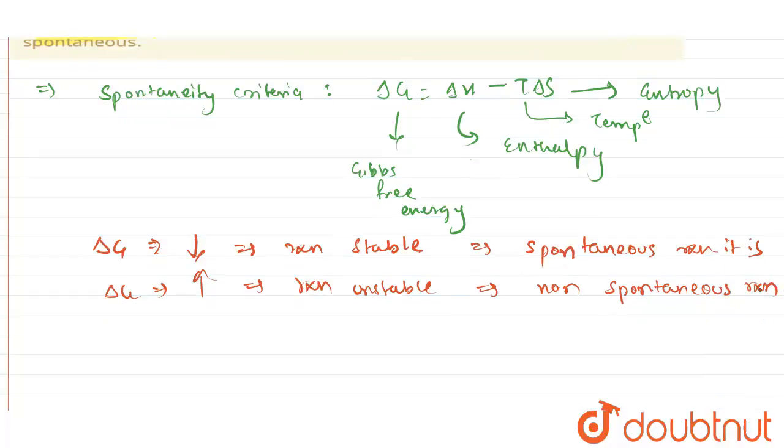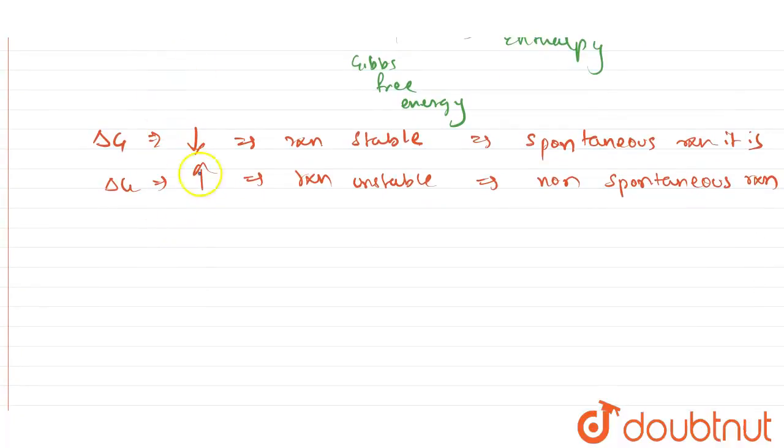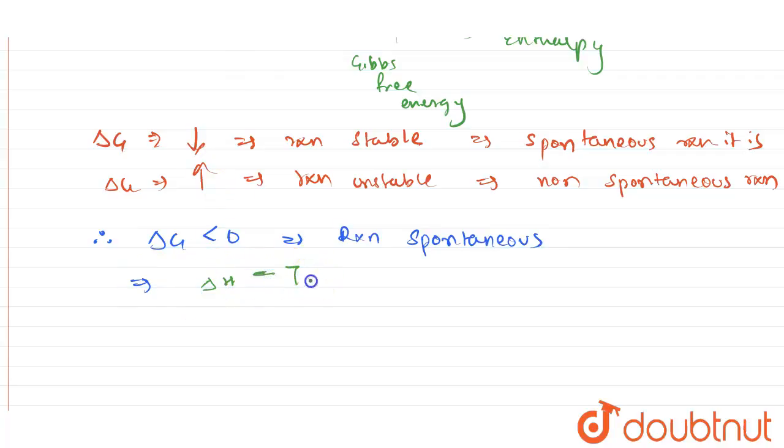So since delta G value is less for a spontaneous reaction, if delta G is less than 0, that implies that the reaction will be spontaneous. Therefore delta H minus T delta S value should be less than 0.